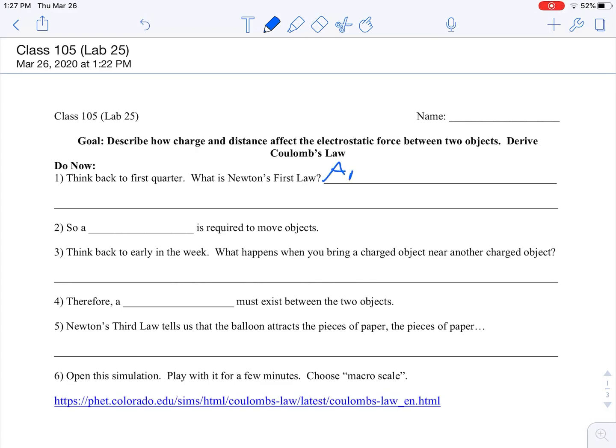So an object in motion will remain in motion in a straight line.